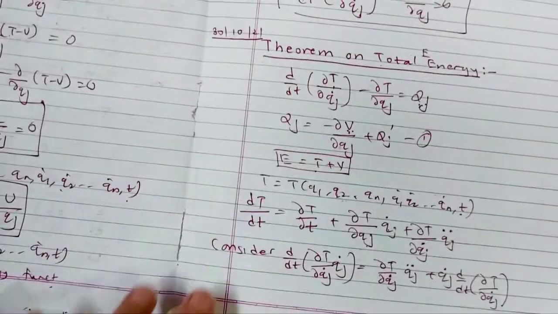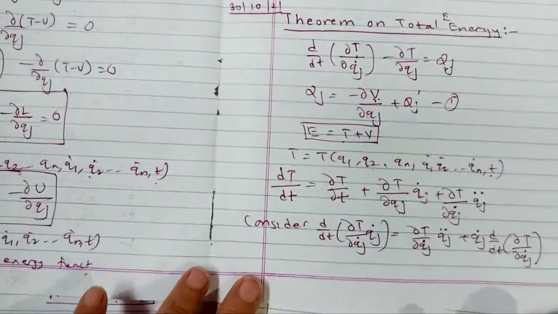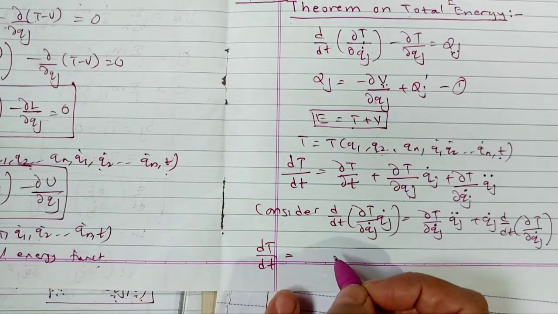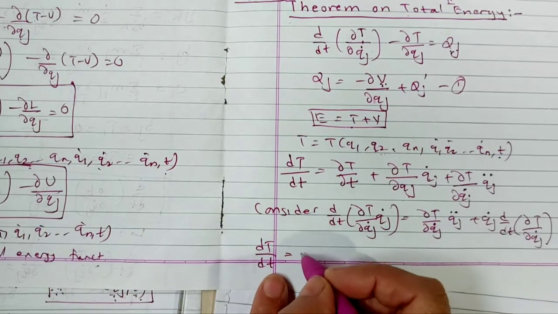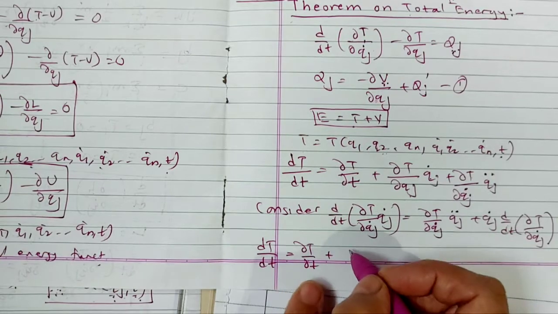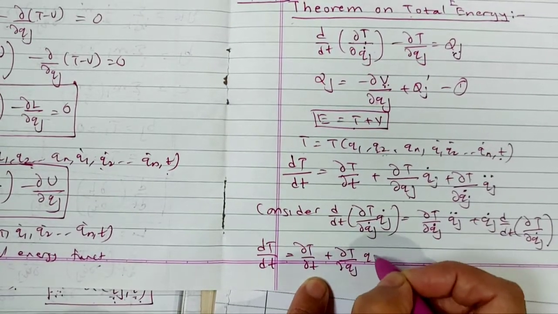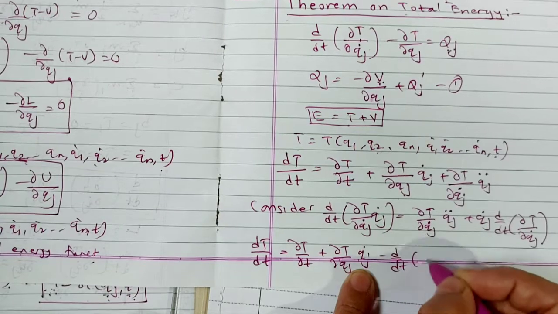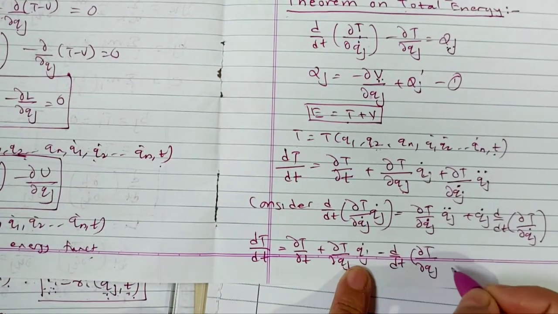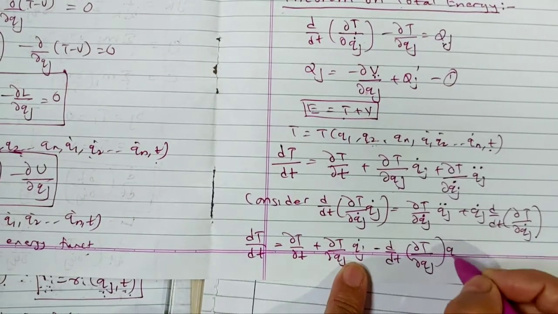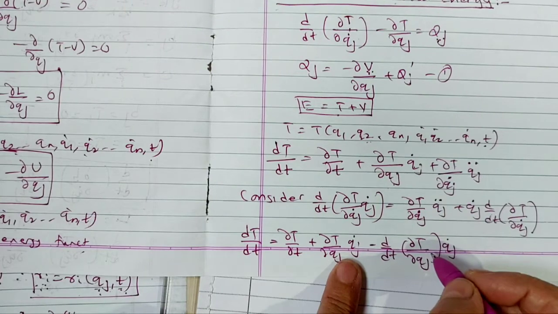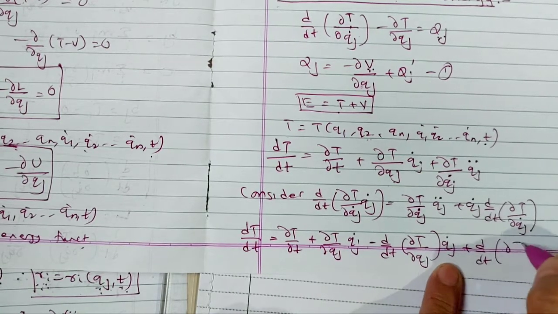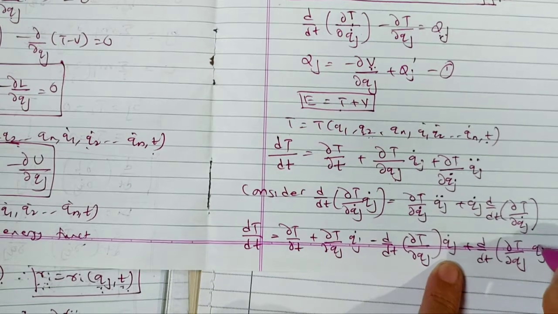So in short, dT/dt is equal to ∂T/∂t plus ∂T/∂qj times qj dot, minus d/dt of ∂T/∂qj dot times qj dot, plus d/dt of ∂T/∂qj dot times qj dot.